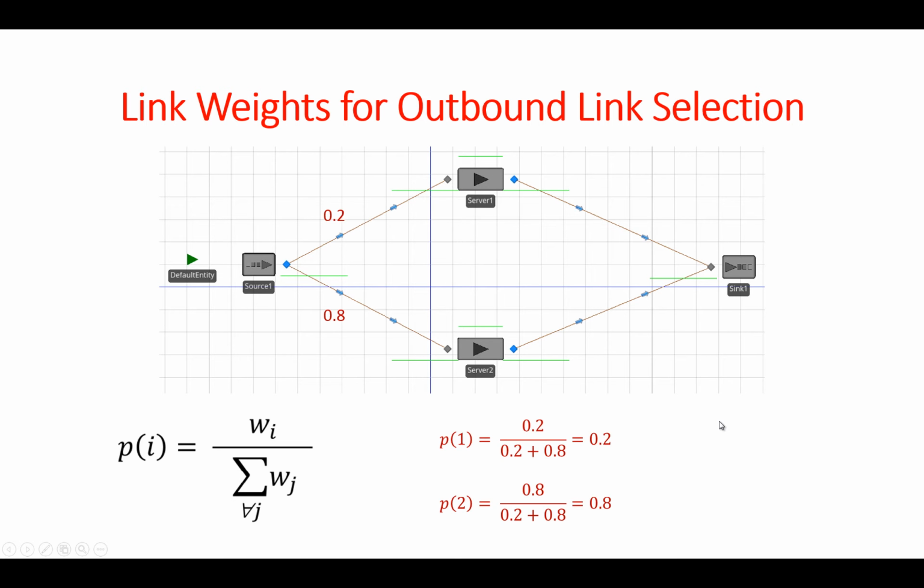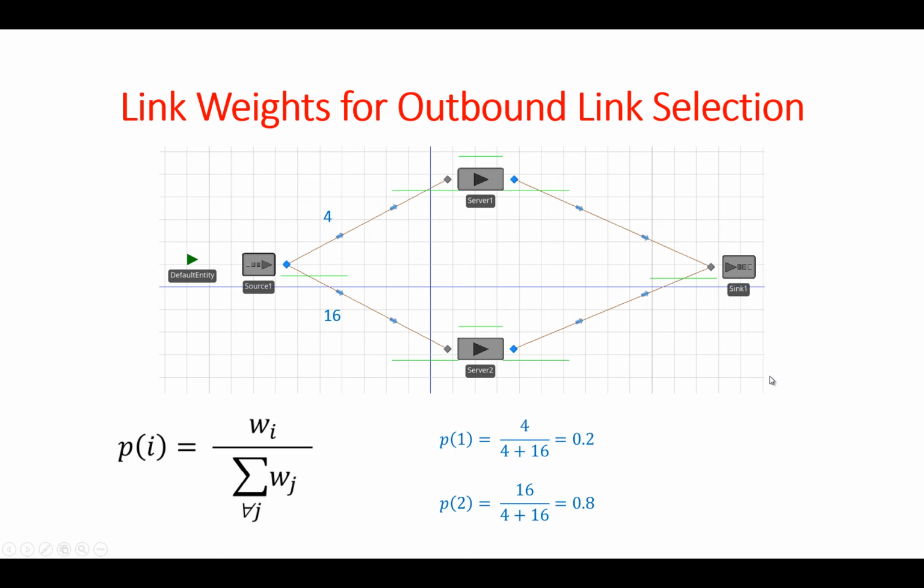So let's have a look at a couple of examples here. So let's say I set the selection weight of this path to 0.2 and for the other path to 0.8. So the probability of selecting the first path will be 0.2 divided by 0.2 plus 0.8, which will give me 0.2, and the probability of selecting the second one will be 0.8. Now note that as long as I keep the same proportions, I'm going to get the same probabilities.